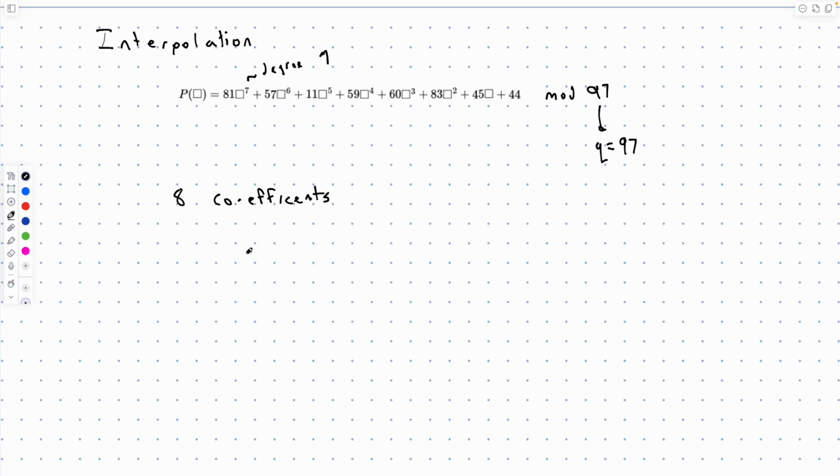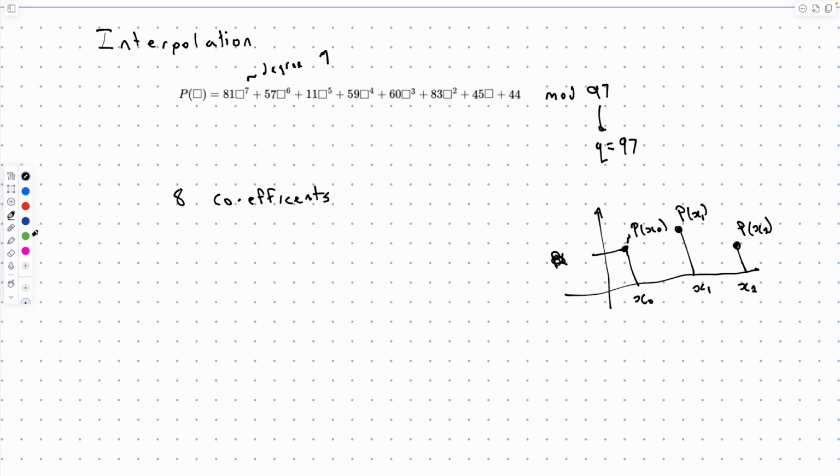Now, what's interpolation? So remember, interpolation is where I start with a set of points. Okay, so I have an x value, and then I have p at that value. Okay, and then I have another point, and I know the polynomial at that point, and then I have another point, and I know what the valuation of the polynomial is at that point.